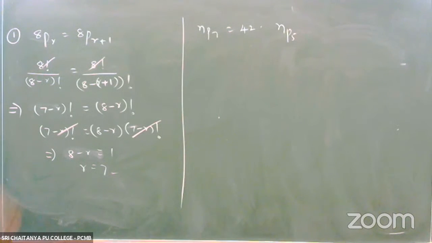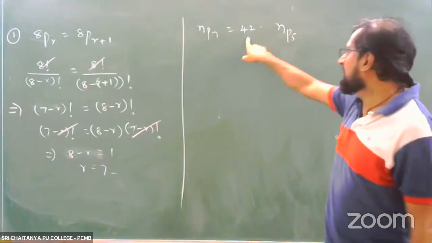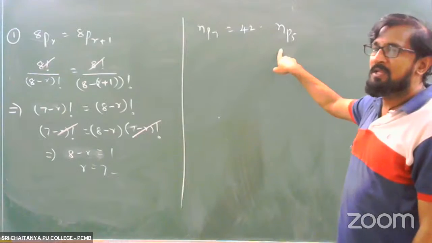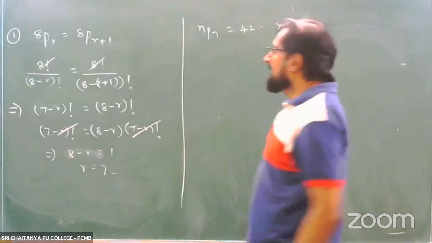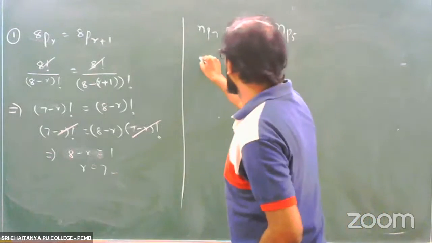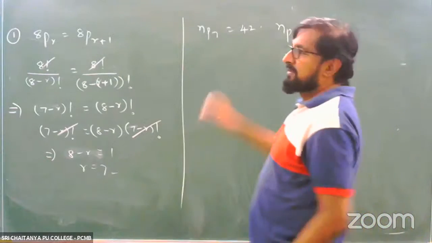Now the next question is waiting for you. NP7 is equal to 42 into NP5. He asked you to find out the value of N. Now NP7, you can do this problem by using two methods, three methods.